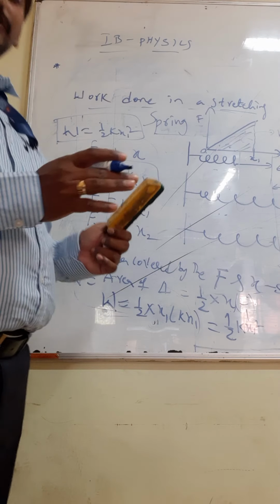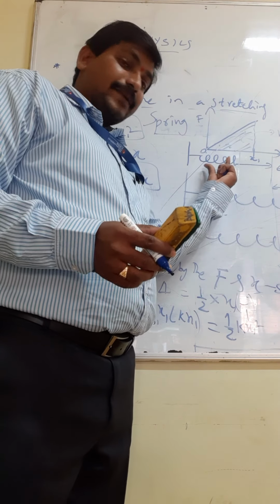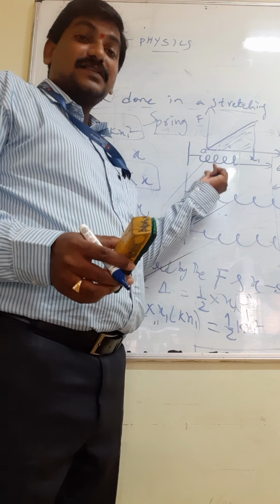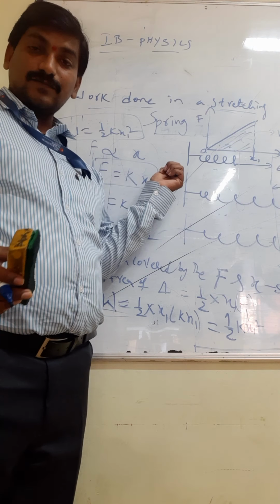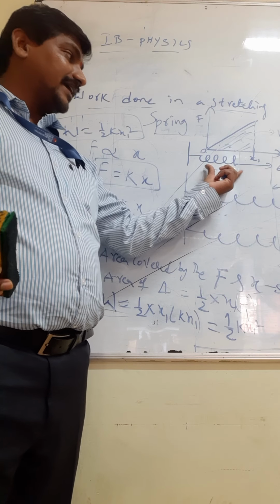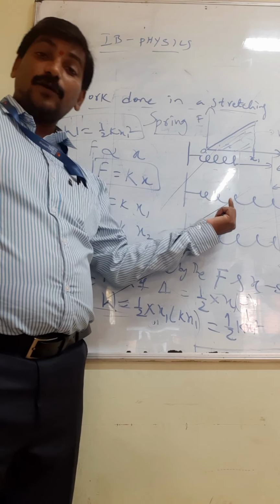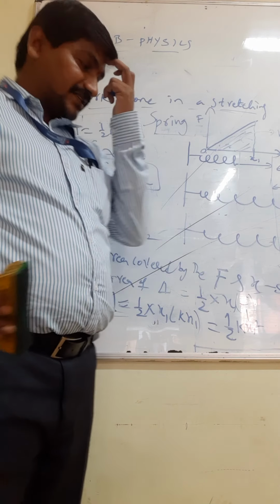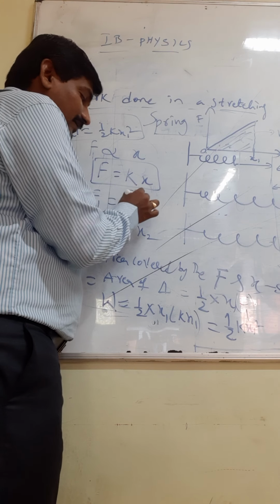If you compress also, the spring gets compressed. The more force you apply, the more it gets compressed, since Hooke's law says that force is directly proportional to the displacement. If you apply force F1 in the opposite direction, it compresses, and if you apply a little more, it compresses more. But remember, Hooke's law is applicable within the elastic limits only.